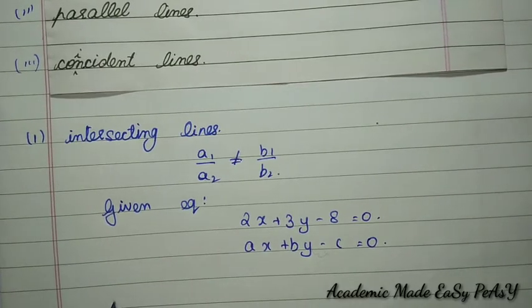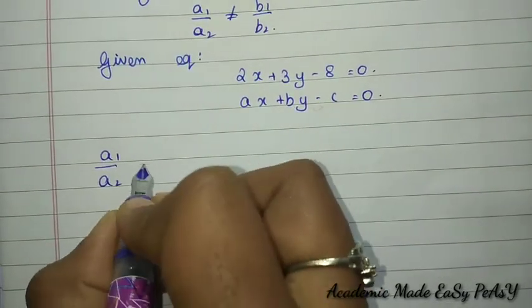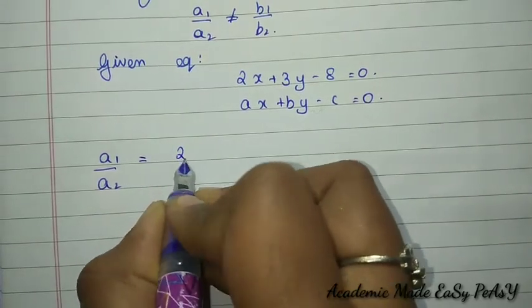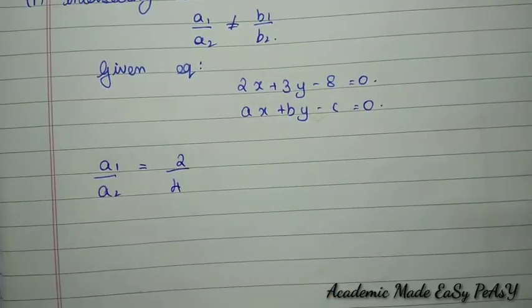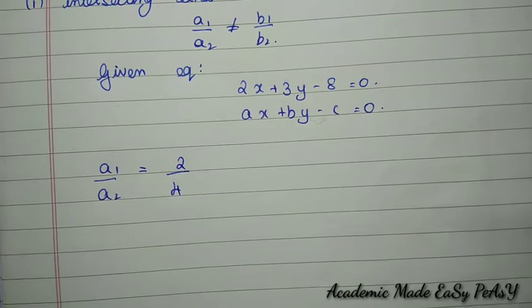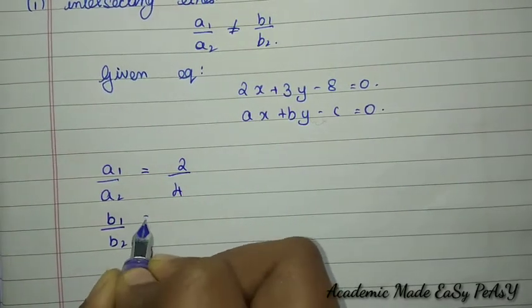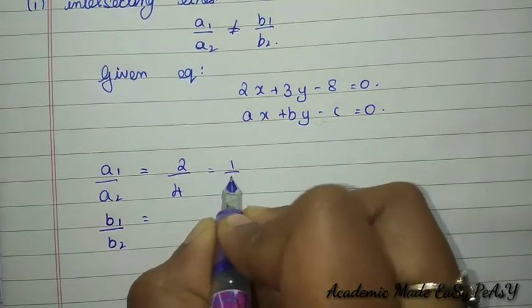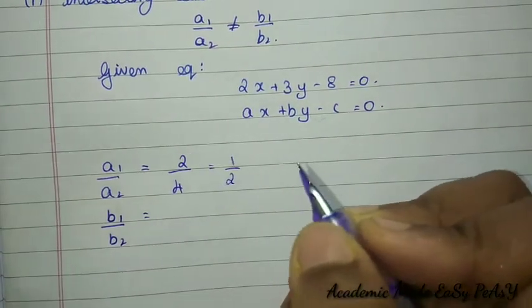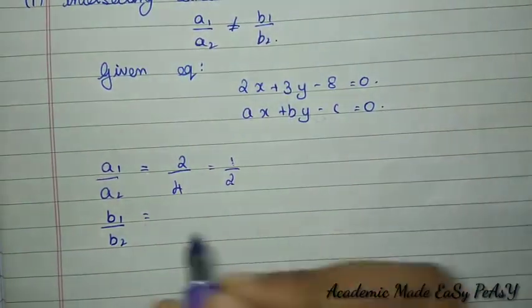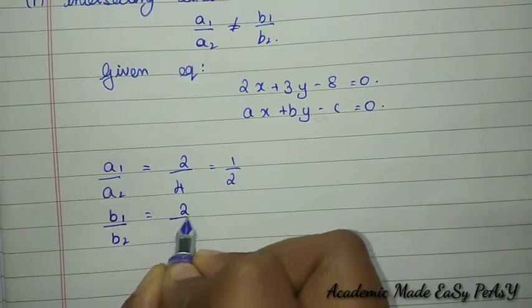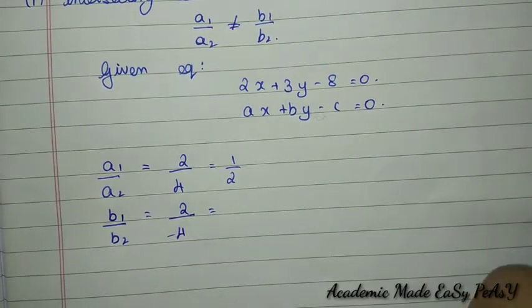So let me have a1 by a2 is equal to 2 by 4. Now I will have b1 by b2. Here it is 1 by 2, now the ratio is 1 by 2. I need not have 1 by 2, so let me have 2 by minus 4.